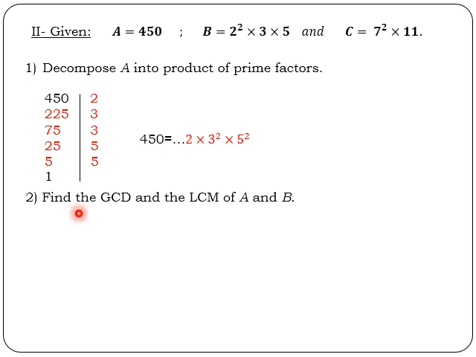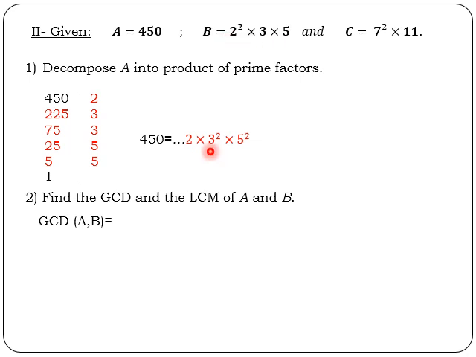Second part, find the GCD and LCM of A and B. Listen, A is 2 times 3 squared times 5 squared, and B is 2 squared times 3 times 5. To find their GCD, I have to find the common factors with the least power.